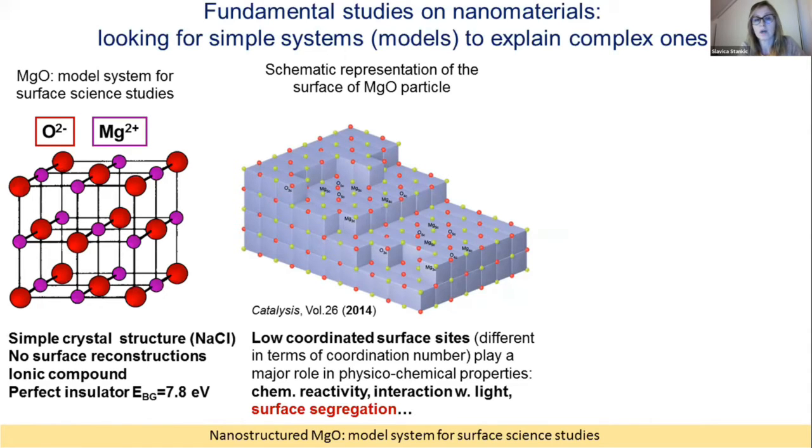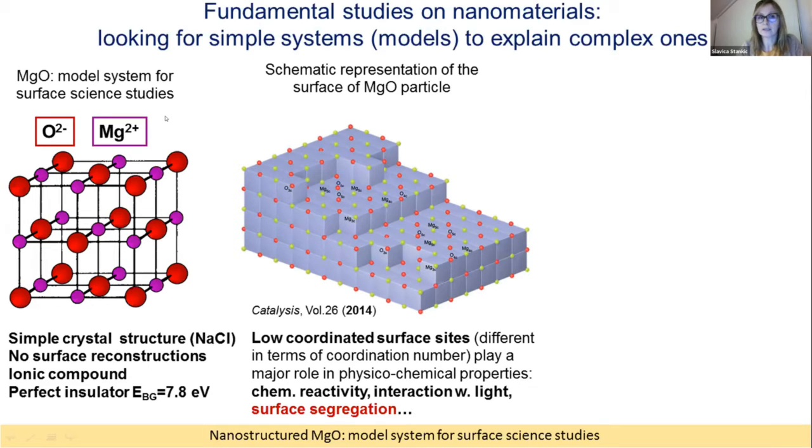We are working on metal oxide nanoparticles, in which we are basically looking for model systems which could explain surface reactions on simple model systems, such as the one I'm showing here.